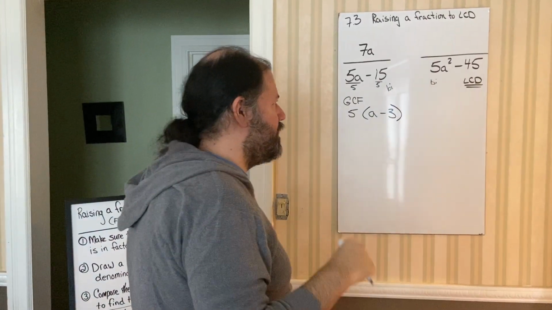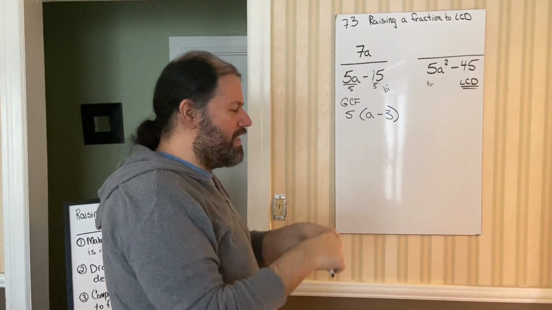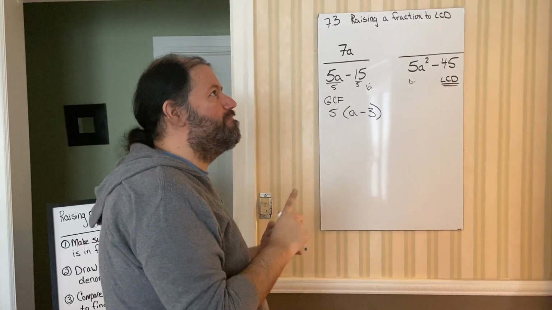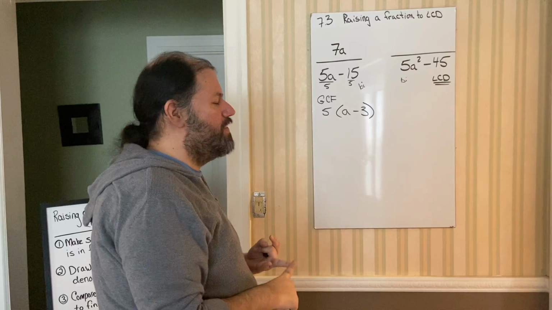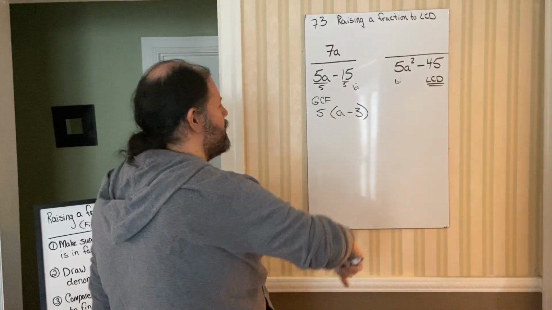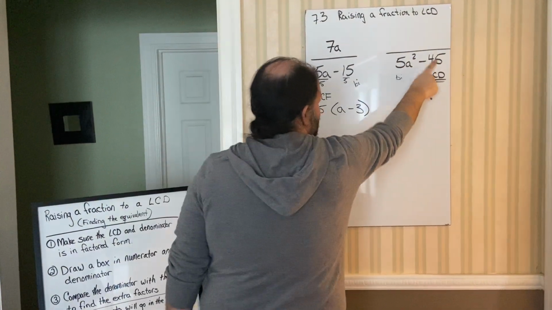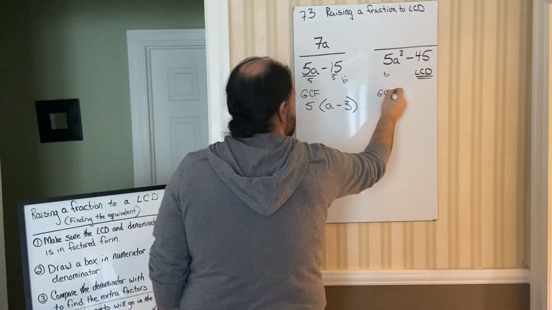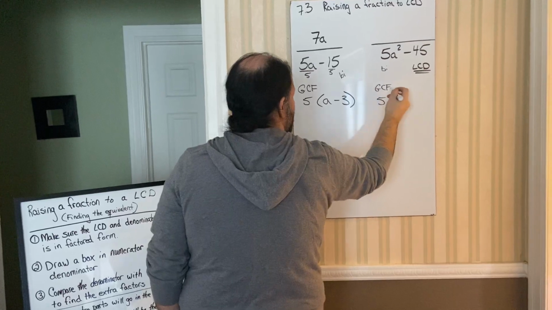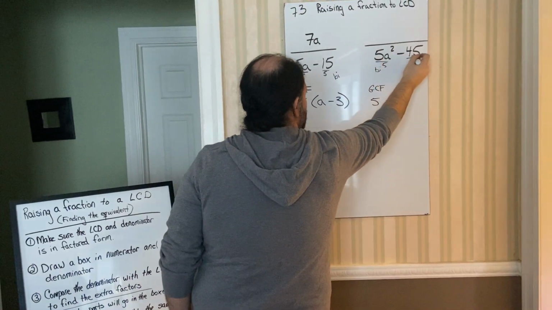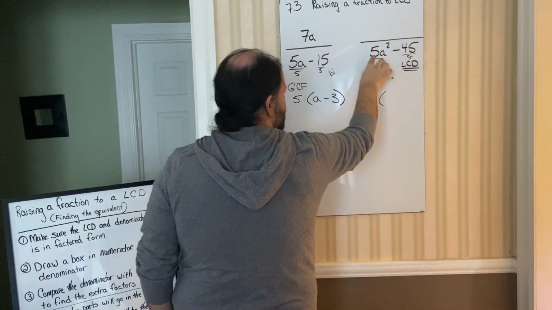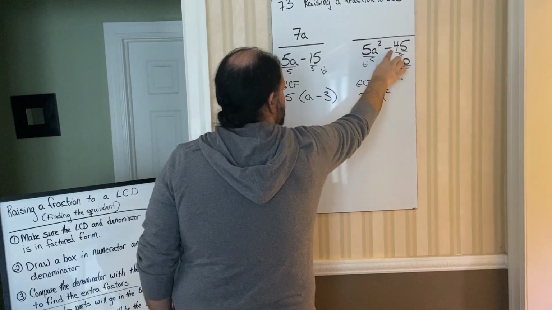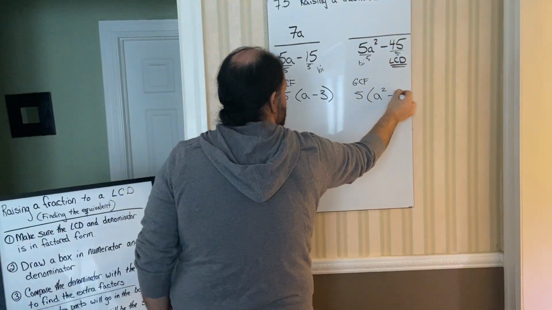I do not want to see 5a, a, 3, 3, 5. I want you to say binomial, I have to do GCF. And you can see that they both have a hidden 5, because remember 45 is 5 times 9. So if we take out the GCF, we have a 5 on the outside, and our leftovers, 5 divided by 5 leaves us with a squared. Negative 45 divided by 5 is negative 9.